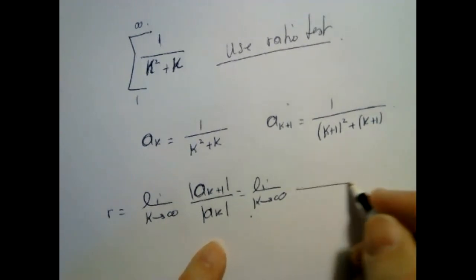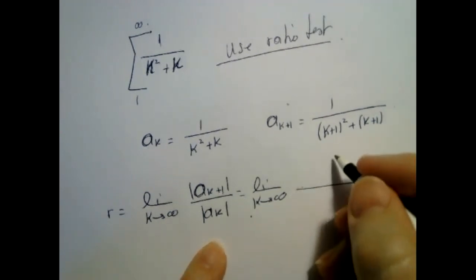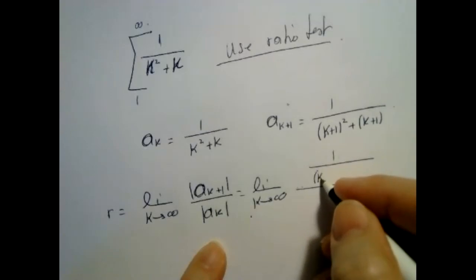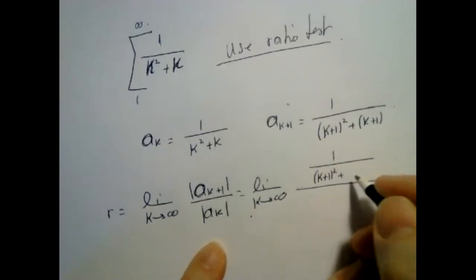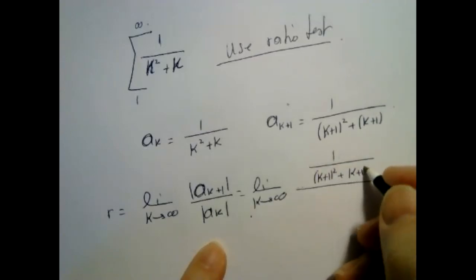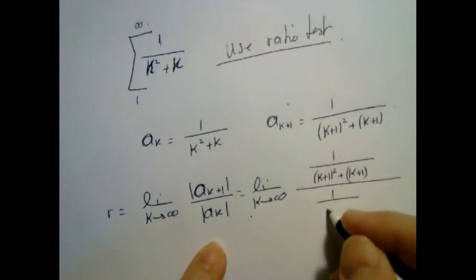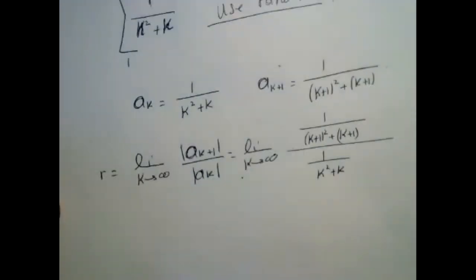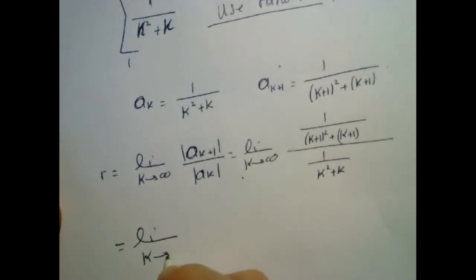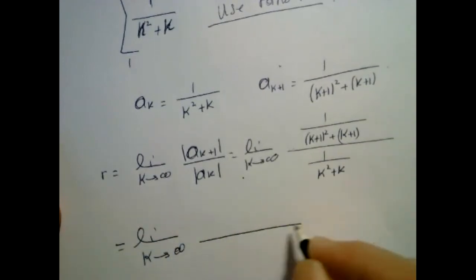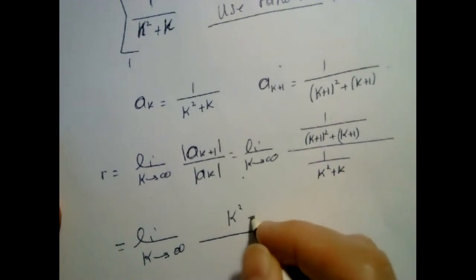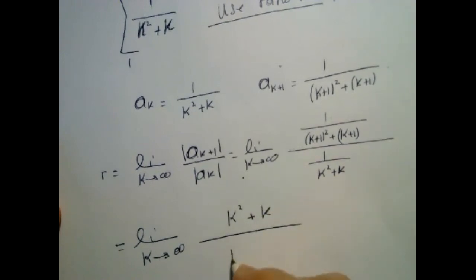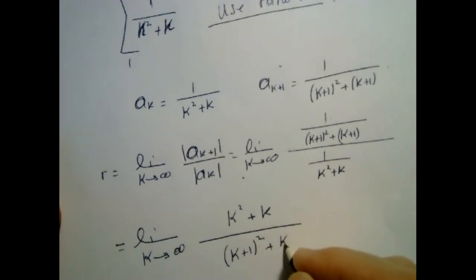And this will be 1 over the quantity k plus 1 squared plus k plus 1, over 1 over k squared plus k. So it's a mess, but we will get out of it. Now this is going to give me k squared plus k on top, and here I will have the quantity k plus 1 squared plus k plus 1.